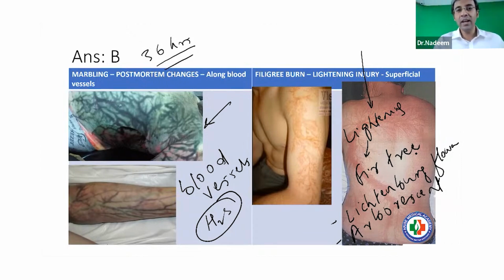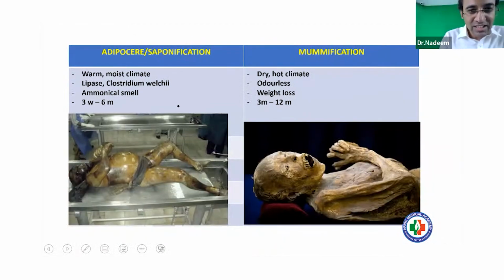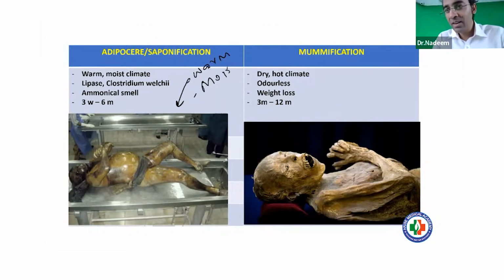Okay. So now let's understand. See these two. See this. This is what? Saponification. Saponification means something like soap, or adipocere. Adipocere means what? Adipose tissue. Whenever there is a warm and moist climate, moisture will be there.